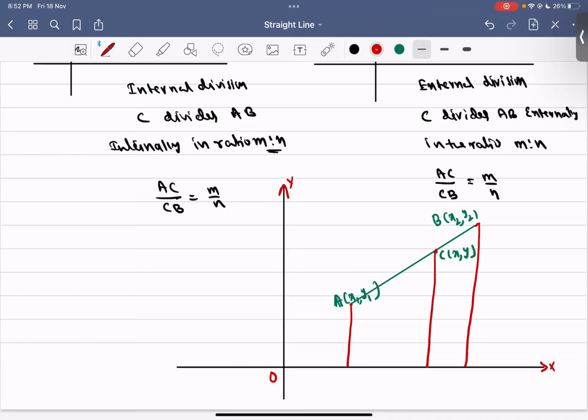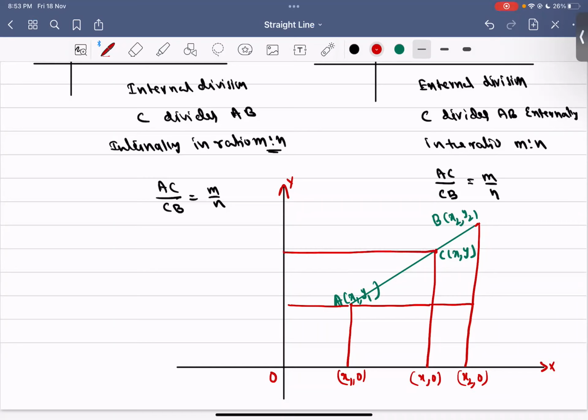Now this point is (x1, 0), because this distance is the x coordinate. Similarly, this point is (x, 0), and this point is (x2, 0). Now from here drop the perpendicular on these lines, and here also drop the perpendicular.